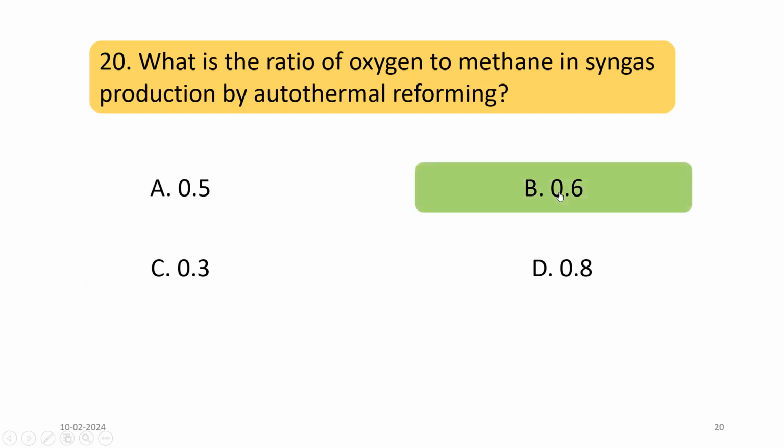It is 0.6. It is the optimum ratio at which the oxygen to methane ratio is maintained in industry in general. So 0.6 is the answer.